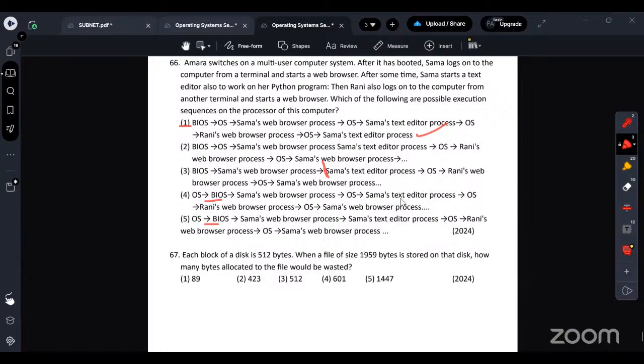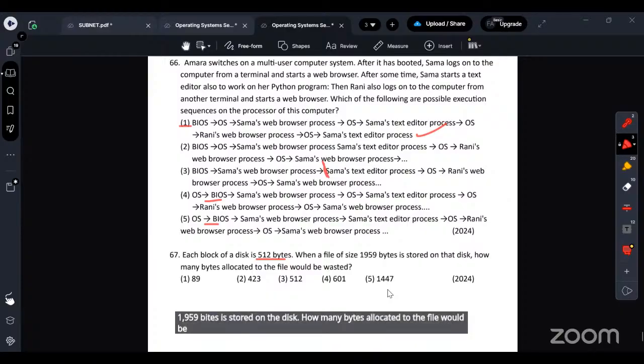Now each block of a disk is 512 bytes. When a file of size 1959 bytes is stored on the disk, how many bytes allocated to the file would be wasted?